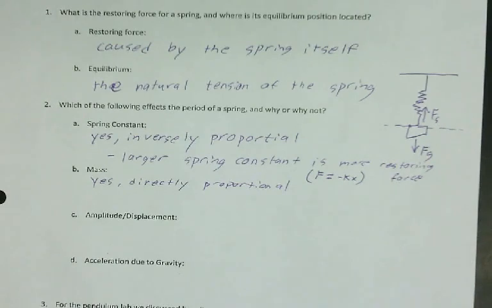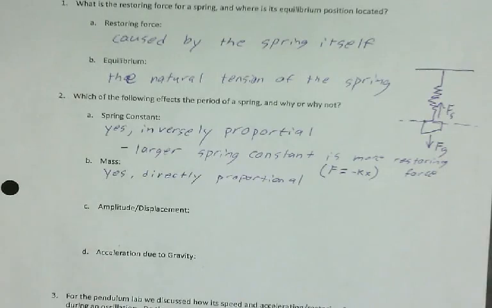Part of it is we're talking about up and down springs, which are affected by gravity, but springs can go side to side, which are not affected by gravity. So gravity is not a factor in this one. That means if you increase the mass, you increase its inertia, but you don't increase the force. On pendulums, when you increase the mass, you increase the inertia, but you did increase the force because gravity pulled on it more. This does not do that. Gravity does not pull on it more.